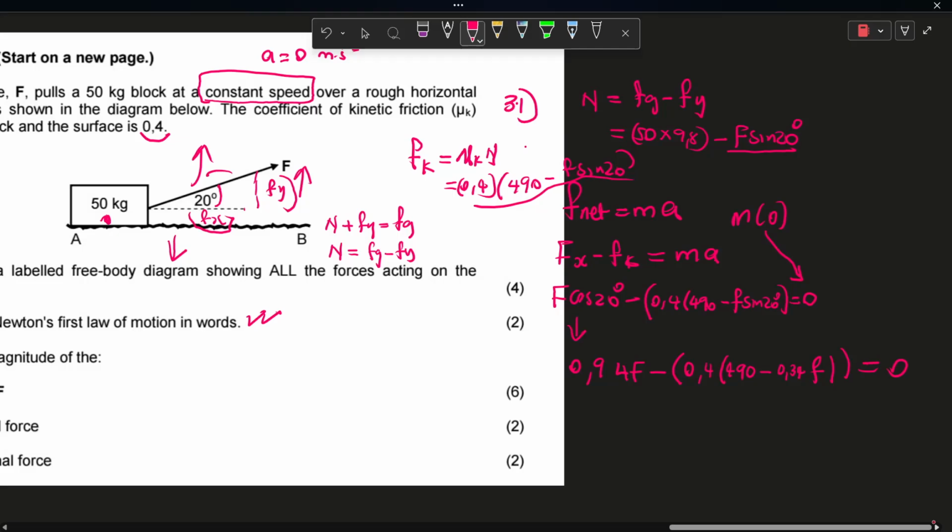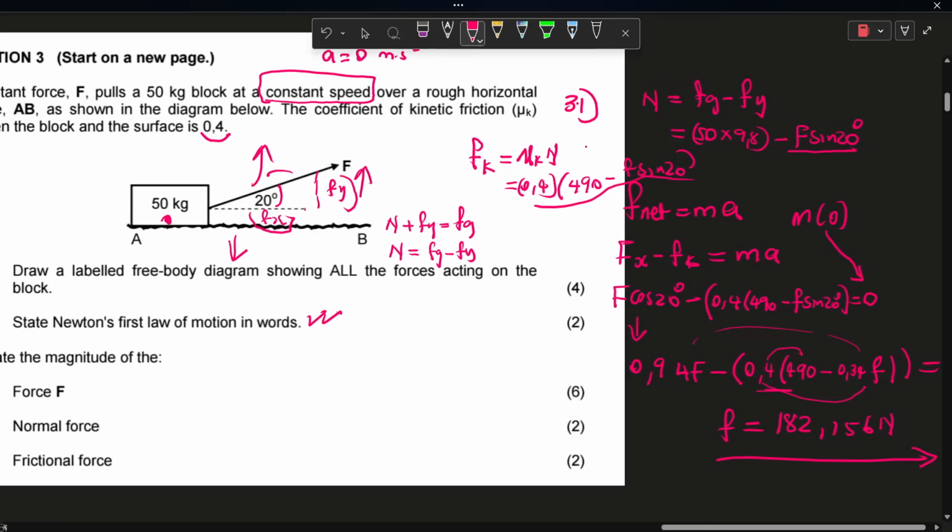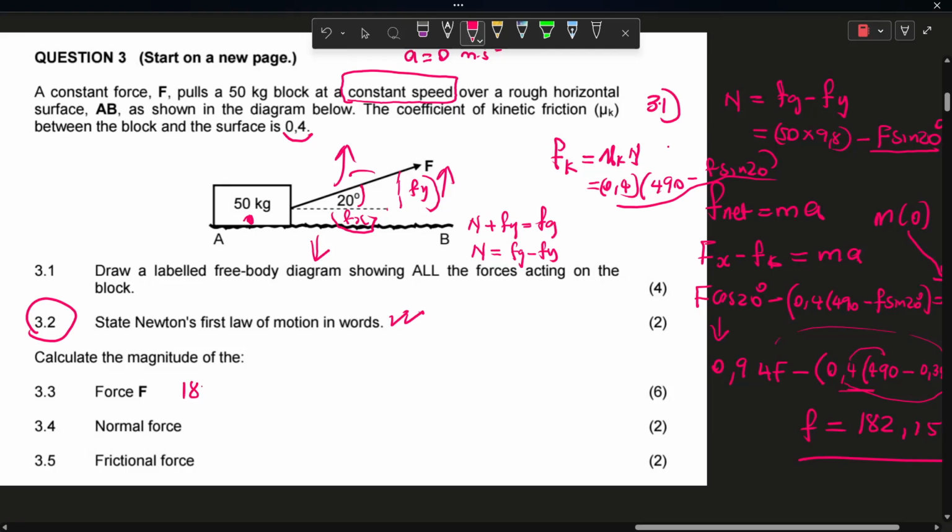Then you multiply by this one and get the answer, multiply by this one and get the answer, add the like terms, and take this one to the right. Then you divide by the coefficient of F. You can do it step by step, but I can just press the calculator once. So the answer is going to be 182,156 Newton. What is F? It's 182,156 Newton. That is what we have.